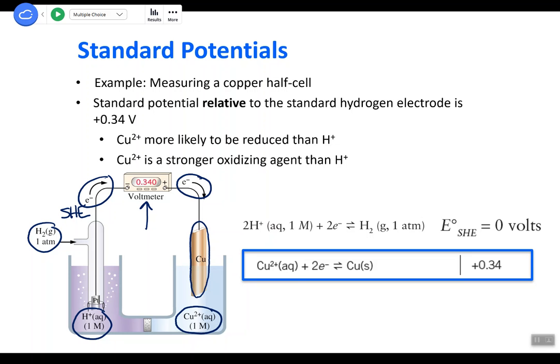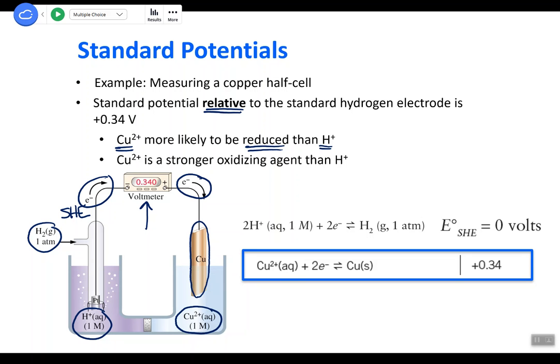We can look at this cell and analyze what this plus 0.34 volts means. It's a comparison to hydrogen. Every comparison is going to be to hydrogen, so we can compare apples to apples moving forward. Based on this setup, because this is a positive number, that means that when this is prepared like this, it just so happens that copper 2+ is more likely to be reduced compared to H+.